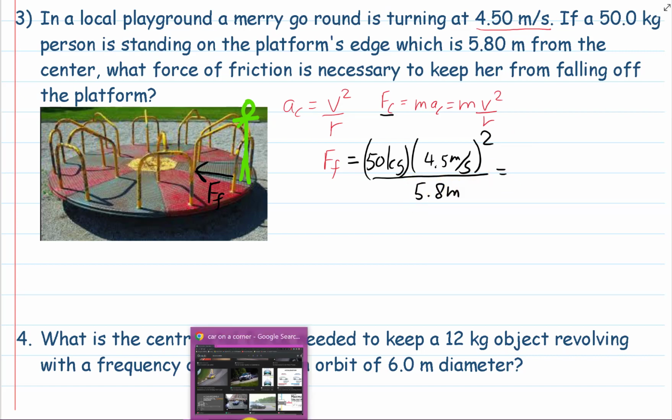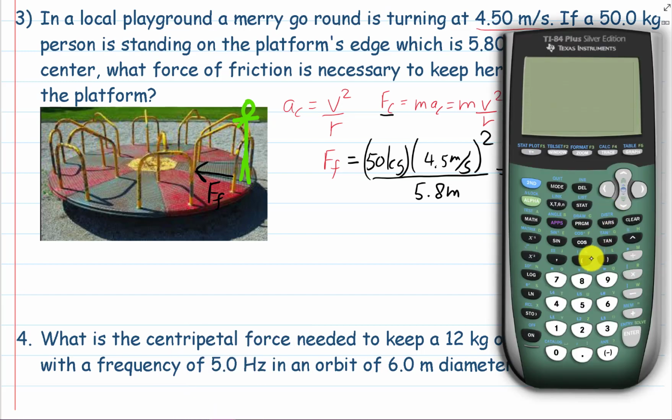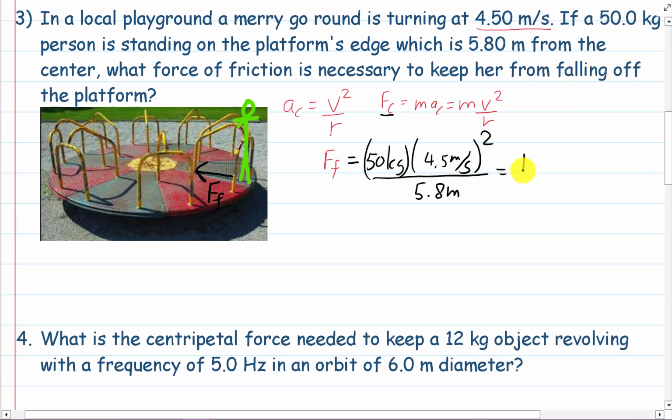So applying that all out with Mr. Calculator, we get 50 times 4.5 squared divided by 5.8. And that'll be 174.6 newtons.